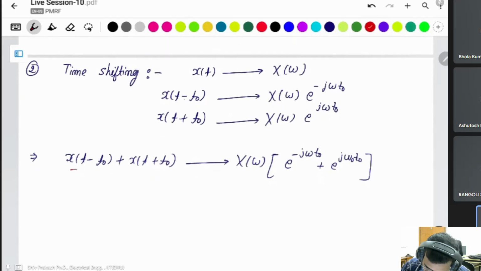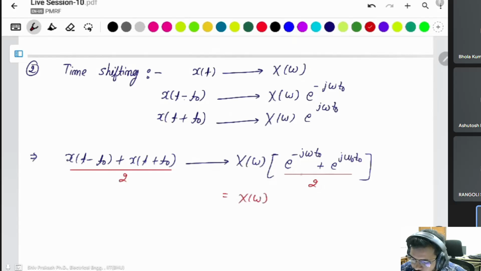What happens if you divide by 2 here and 2 here? Then this will be X(omega) times e to the power of minus j theta plus e to the power of plus j theta divided by 2. It means e to the power of j theta plus e to the power of minus j theta divided by 2 will be cos theta. A cos function is there.